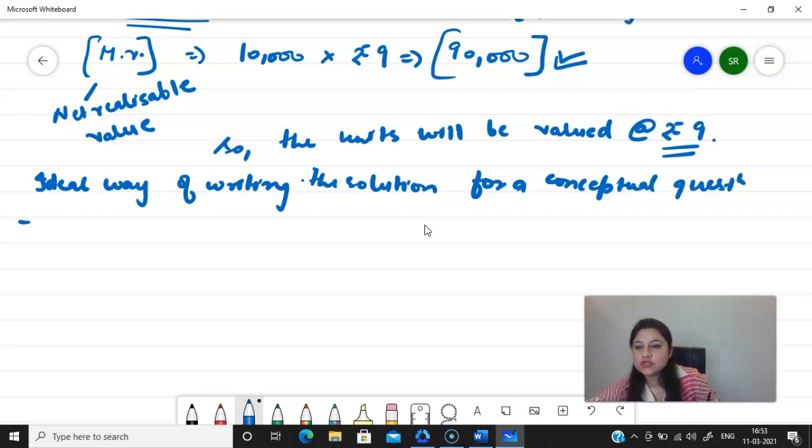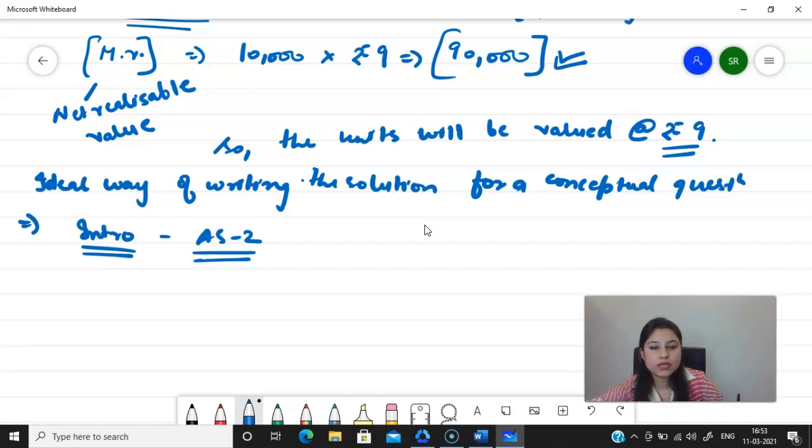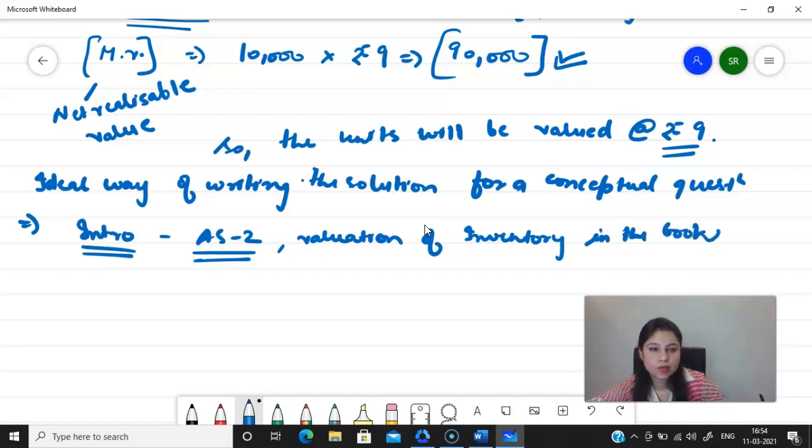You first give an introduction to what Accounting Standard 2 talks about, the valuation of inventory: as per Accounting Standard 2, the valuation of inventory in the books of accounts should be done at cost.